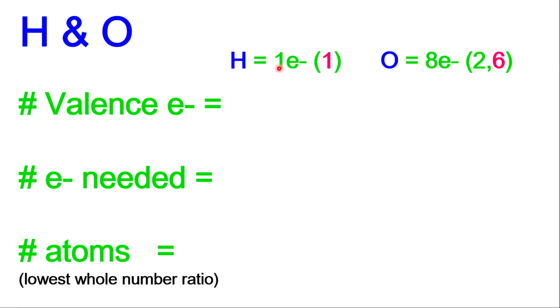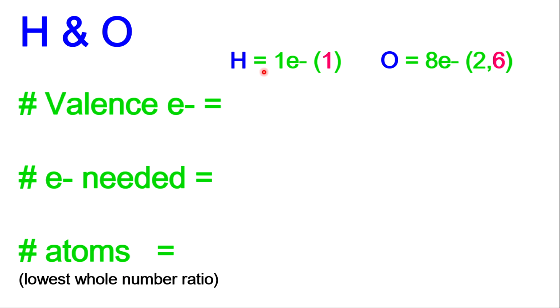Hydrogen has 1 electron. Hydrogen is a special atom in that its first shell is also its last shell. Therefore, that shell can only contain a maximum of 2 electrons.